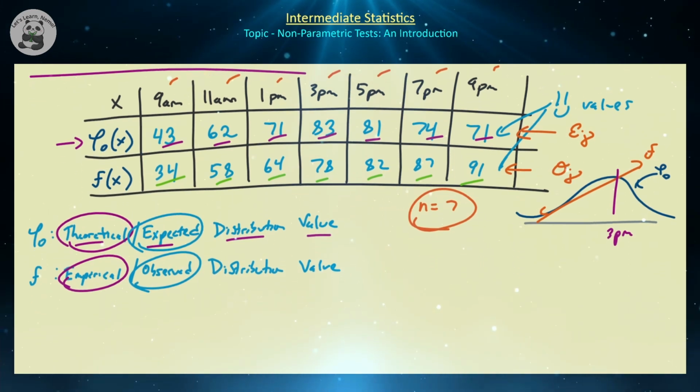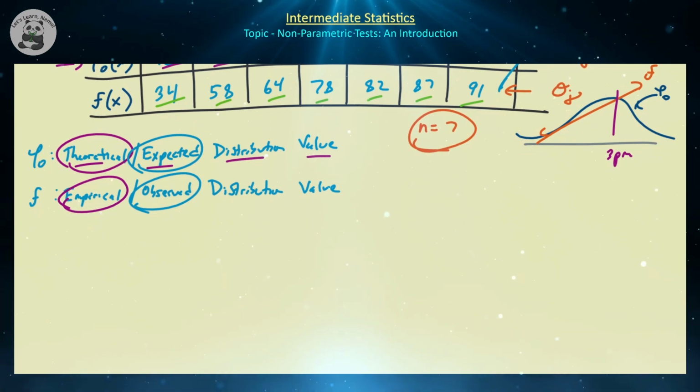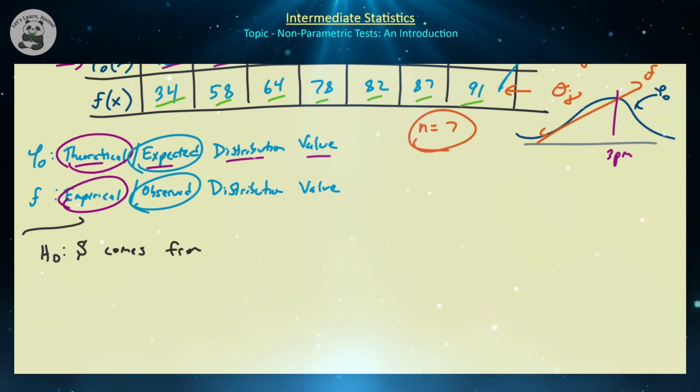So let's formally state what our null hypothesis is that we seek to test, and we're going to frame it just like we did for the chi-square test for independence. So this is going to be S comes from a distribution, and that distribution's name is phi subscript 0. And the alternative is going to be that S does not come from that distribution.